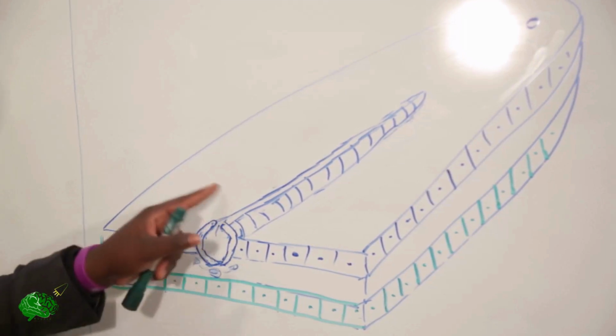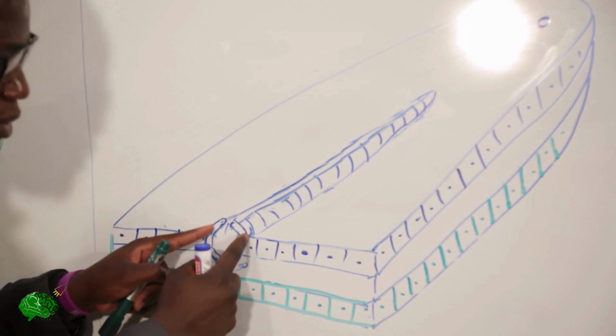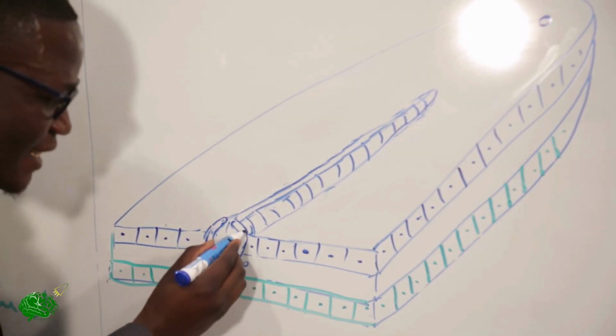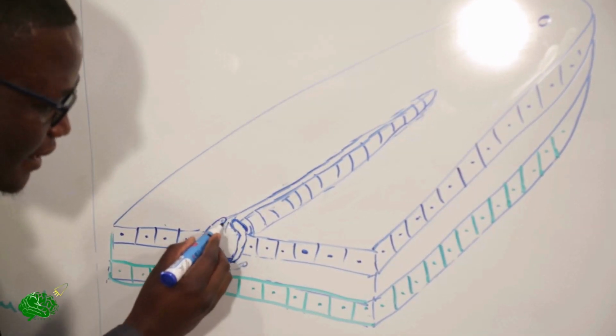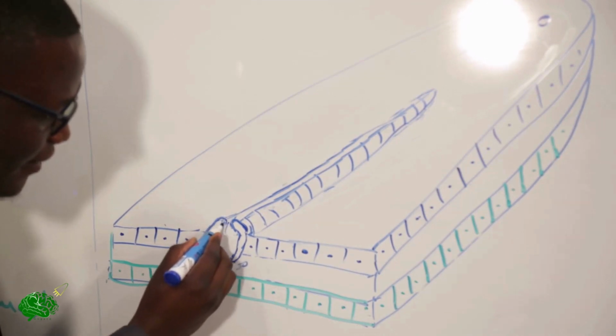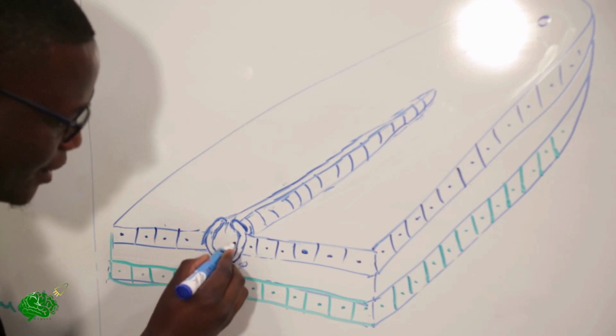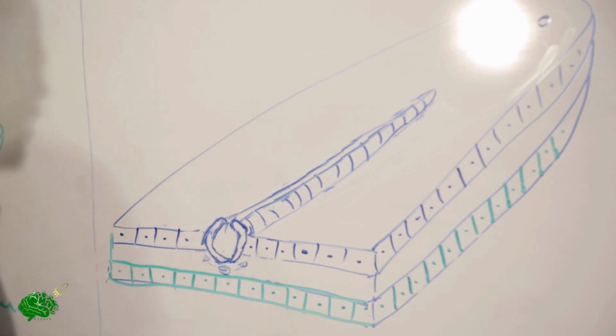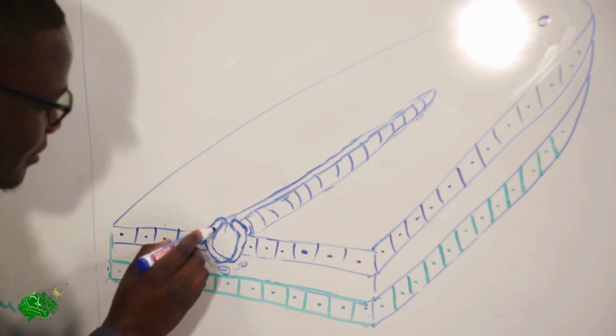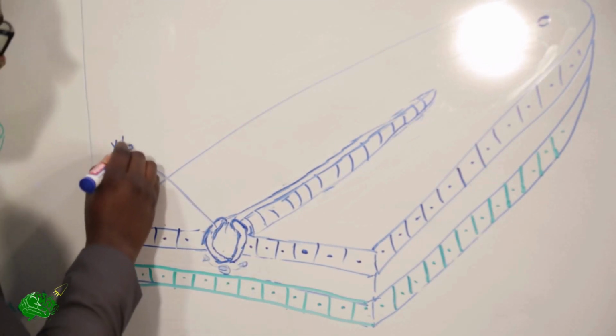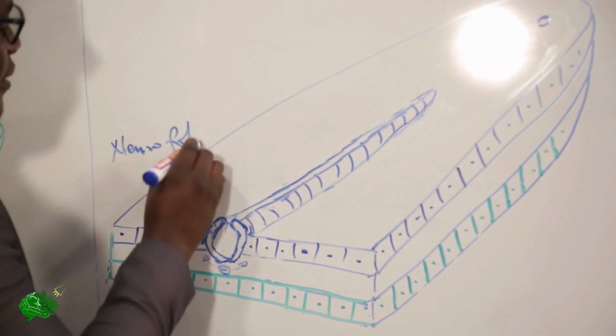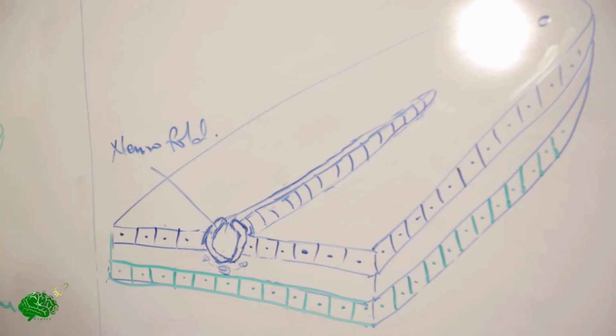So the margins of the neural plate begin to elevate and elevate. Now, as it's rising further, it forms what we call folds. And this is what we call the neural folds. It forms the neural folds.